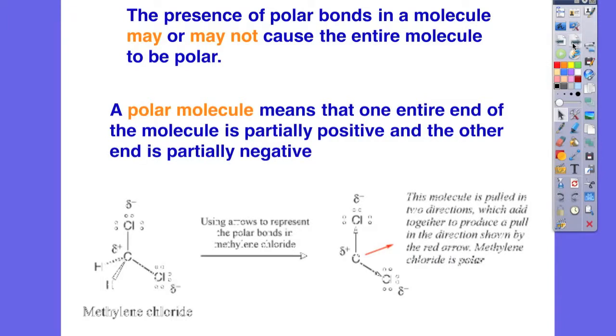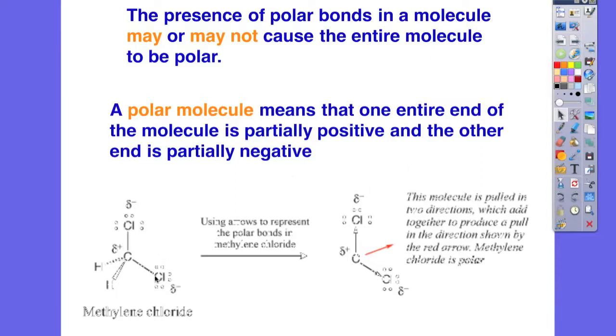Now we know how to calculate if a bond is polar or nonpolar. Even if you have a polar bond or polar bonds, the molecule may or may not be polar. A polar molecule means that one entire end is partially positive and the other end is partially negative.